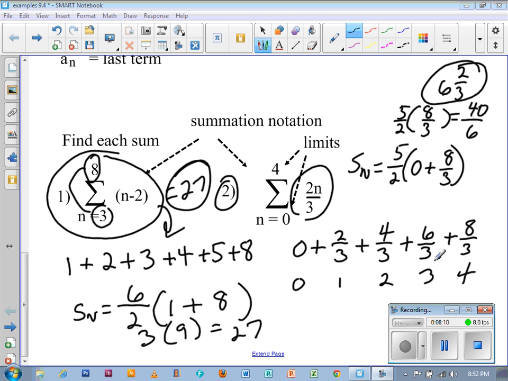I left that as 6/3 because I knew I would need a common denominator, and the last term is 8/3. Then using my formula to find the sum of an arithmetic series, we put in the number of terms here, which is 5, divided by 2, that's how many pairs we have. And then the first and last terms are 0 plus 8/3, which is 8/3. If you multiply those, 5/2 times 8/3, you'll get your sum, which is our final answer of 6 2/3.